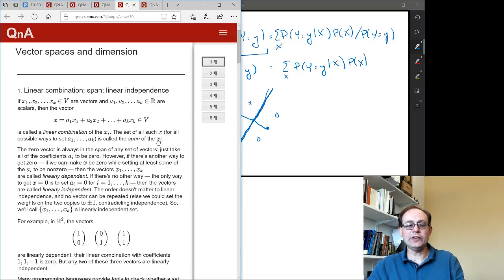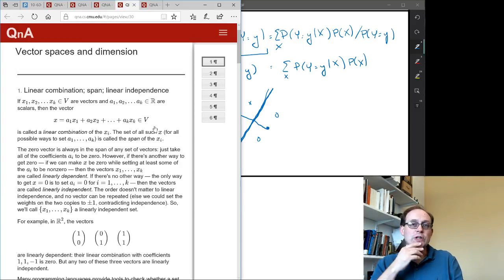The set of all such x, keeping x1 through xk fixed and varying a1 through ak over any real values, is called the span of the xi. The zero vector is always in the span of any set of vectors. For example, we just take all of the coefficients to be 0, and we get the 0 vector.